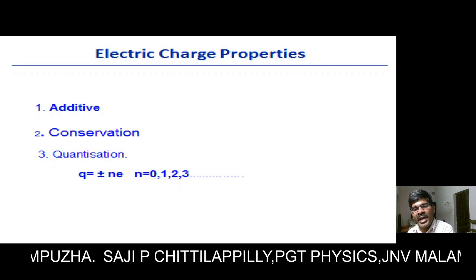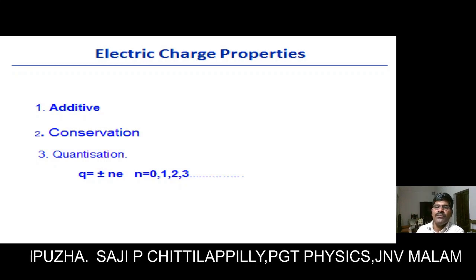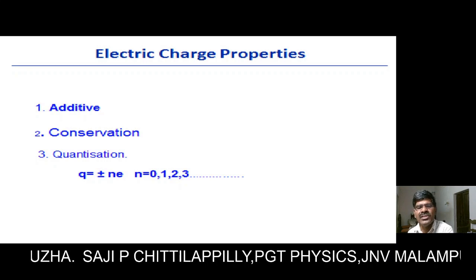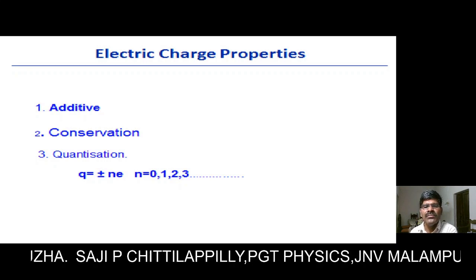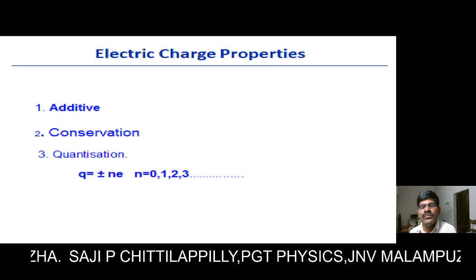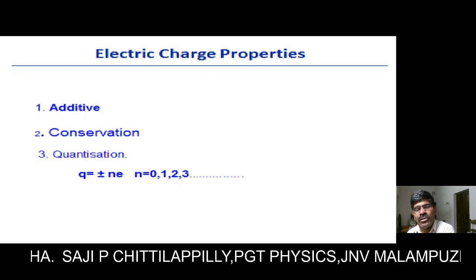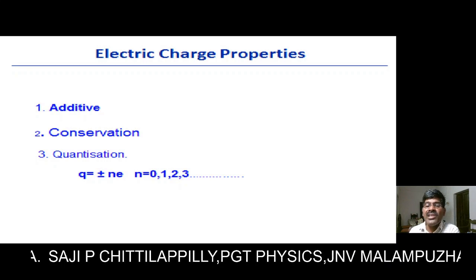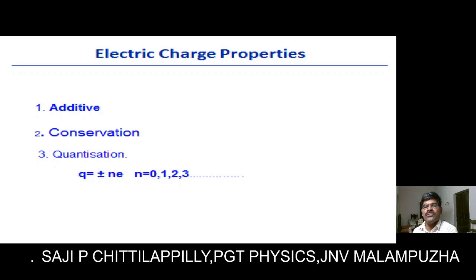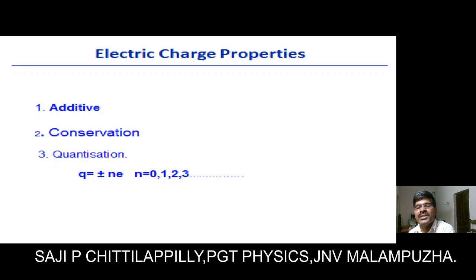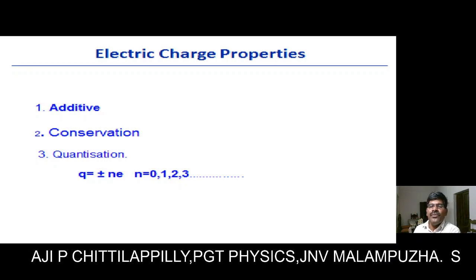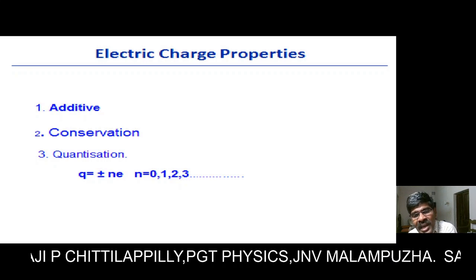Another property is quantization. What is the meaning of it? We know electrons are transferring from one object to another due to friction. We have taken the fundamental charge as the electron charge.